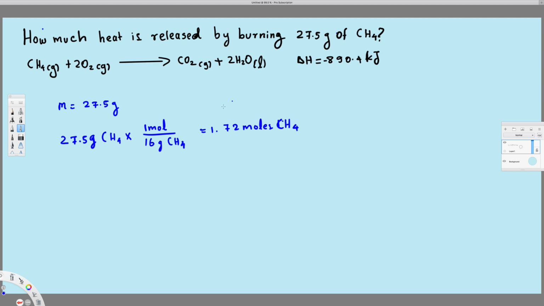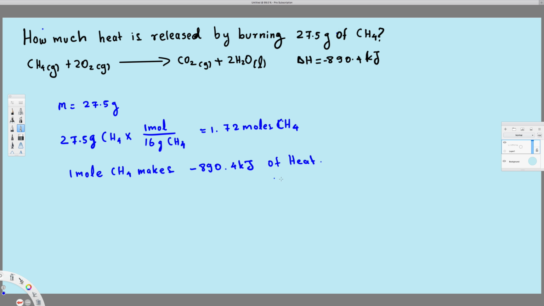And we already know that 1 mole of CH4 makes this much amount of energy. So 1 mole CH4 makes negative 890.4 kilojoule of heat, right? So this is the information we have. Now the question is how are we going to convert this to calculate for this much mass.